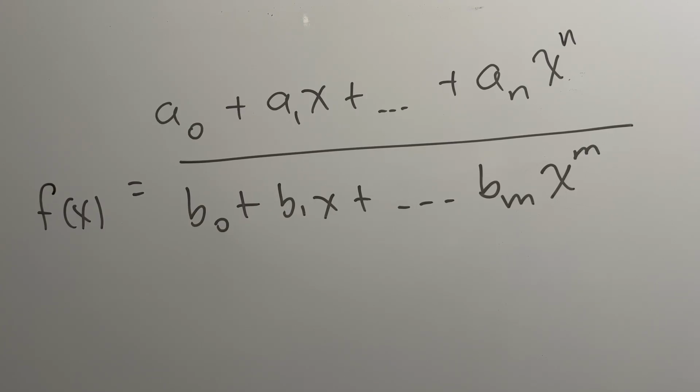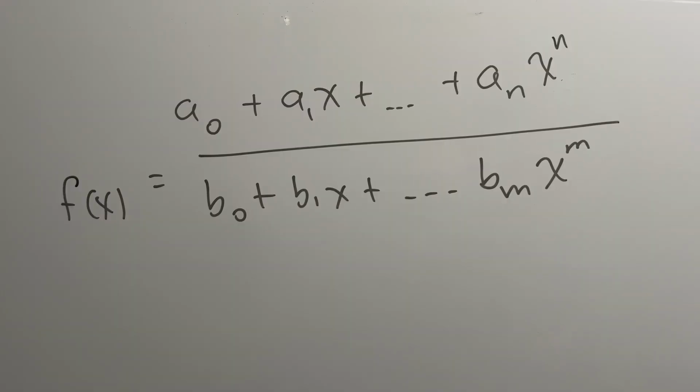And there's another additional property that we will consider for rational functions, which is asymptotes. Rational functions have vertical and horizontal asymptotes. A vertical asymptote is a vertical line to which the rational function will approach but never touch and never cross.